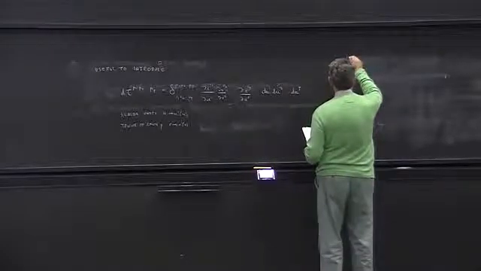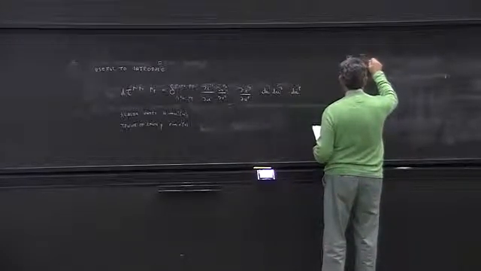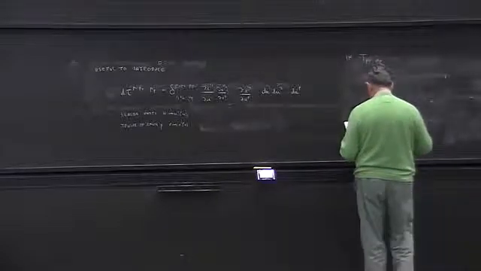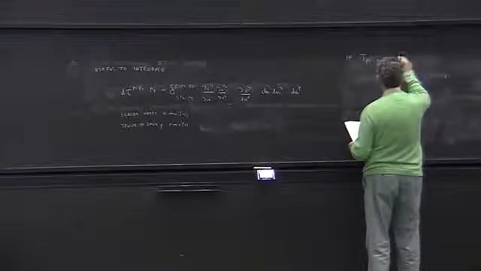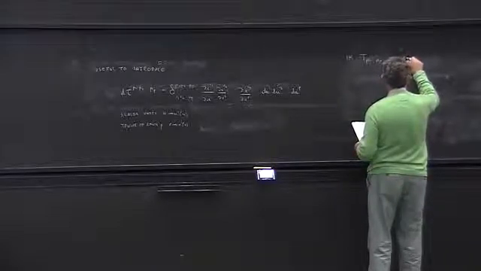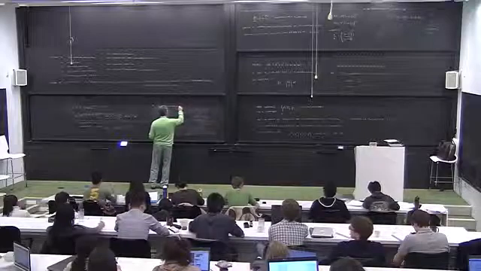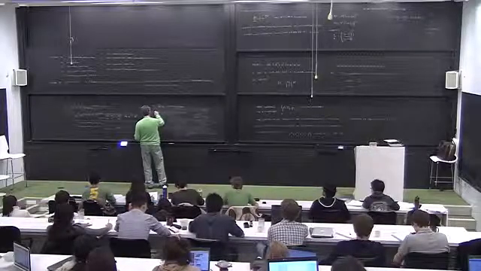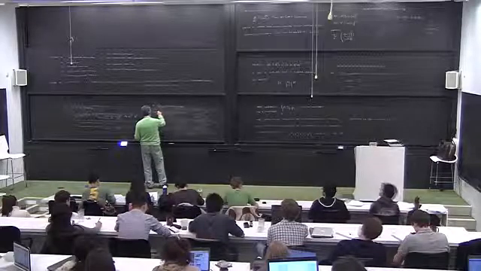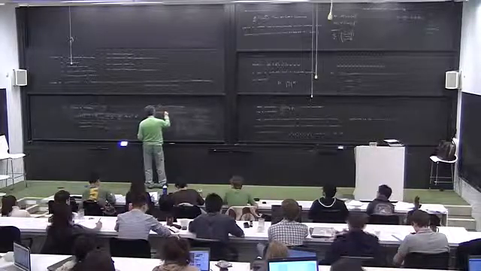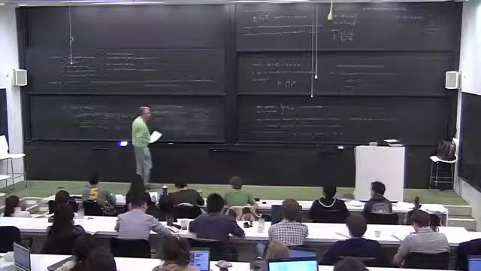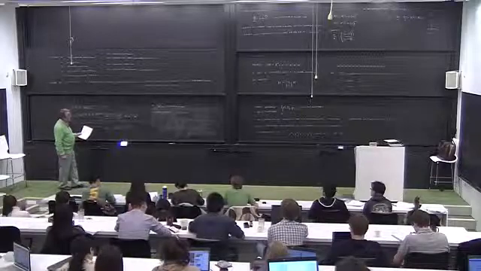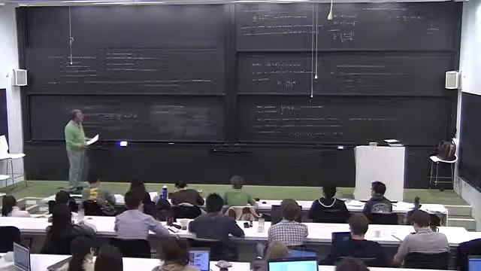So if T mu1 to mu p is a rank p tensor, now it's an antisymmetric tensor. It's antisymmetric. Well, I'm telling you it's antisymmetric.